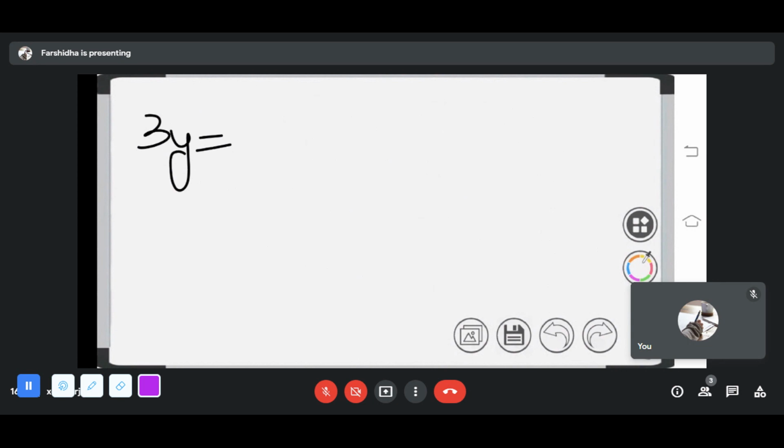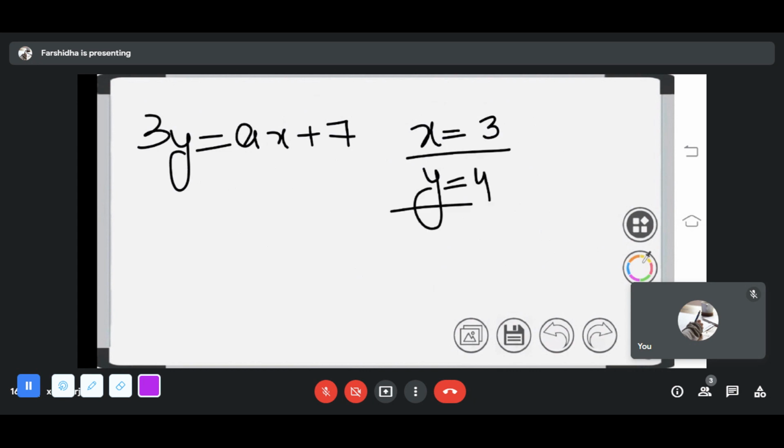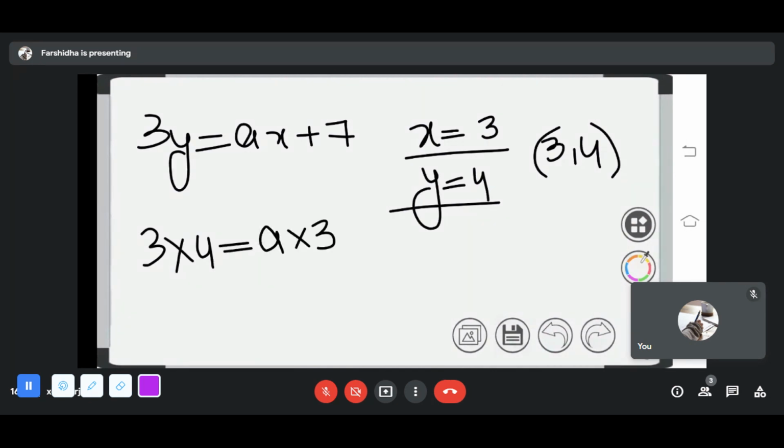That is 3y equal to ax plus 7. So you can put x is equal to 3, y is equal to 4. Why am I taking x is equal to 3, y is equal to 4? Because the point (3, 4) lies on this equation. So replace 3 into y is 4. 3 into 4 equal to a into x is 3 plus 7. 3 into 4, 12. 12 is equal to 3a plus 7.